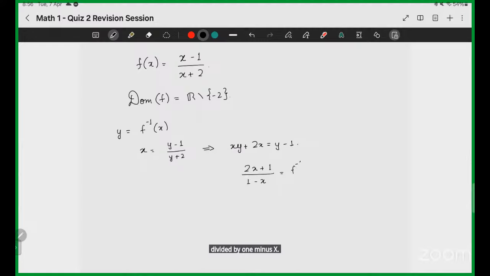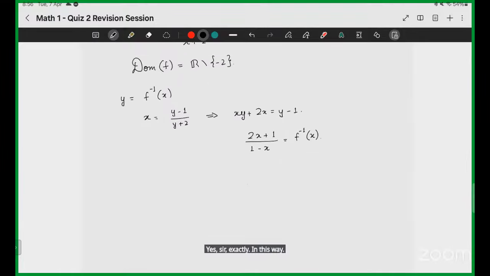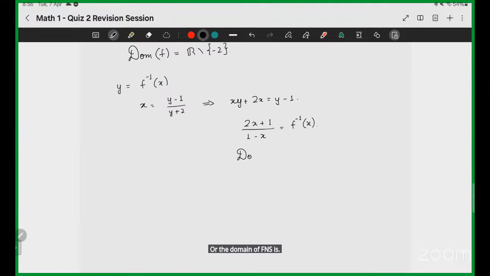This is f inverse of x. And you're saying the range of f is R minus {1}. So that is the domain of f inverse. Yes, sir, exactly. The domain of f inverse is equal to the range of f.